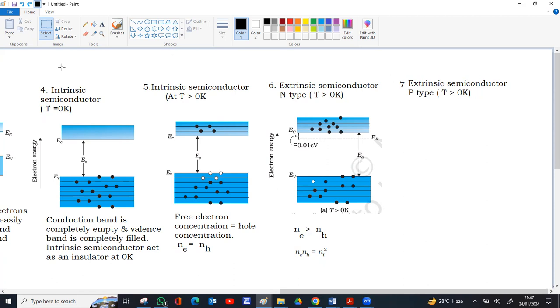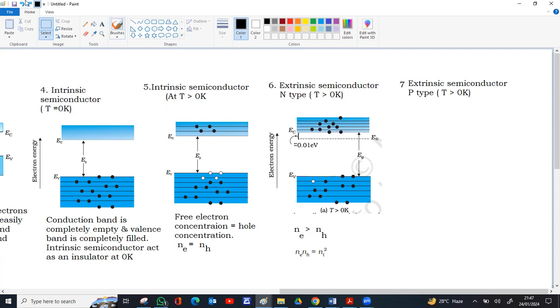So when you are adding each group 13 atom to complete the bonding with group 14 atoms, these group 13 atoms absorb 1 electron from neighboring silicon or germanium atom. The group 13 atoms satisfy all the 4 bonds with silicon atoms, but that creates a hole in the neighboring silicon atoms.